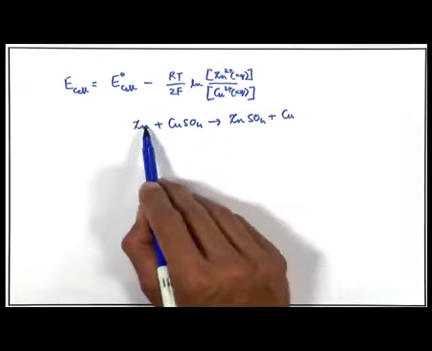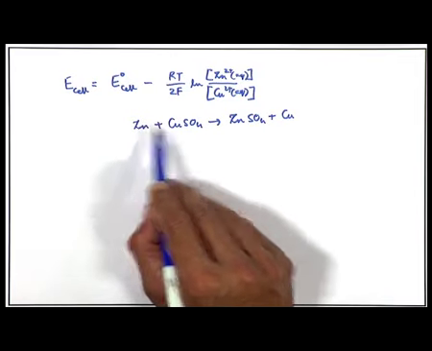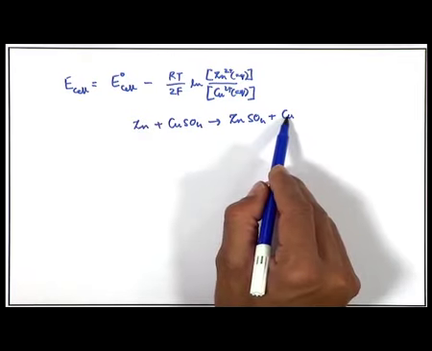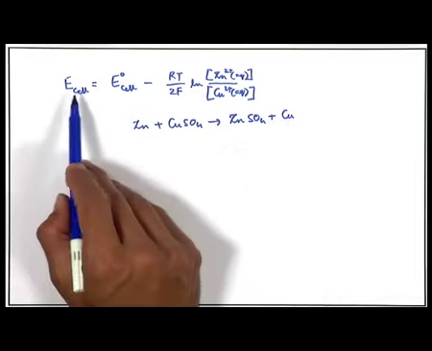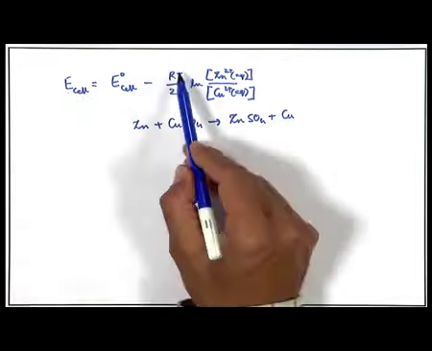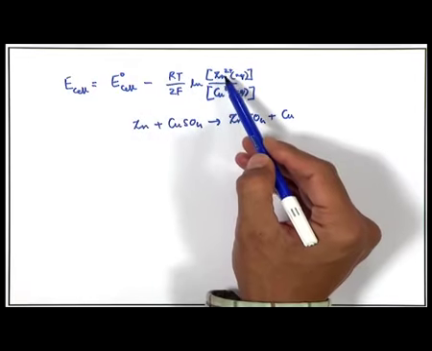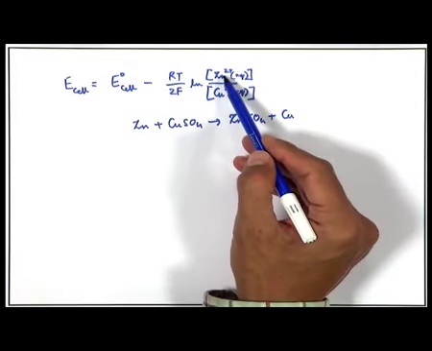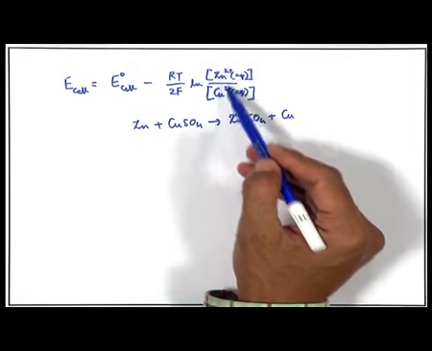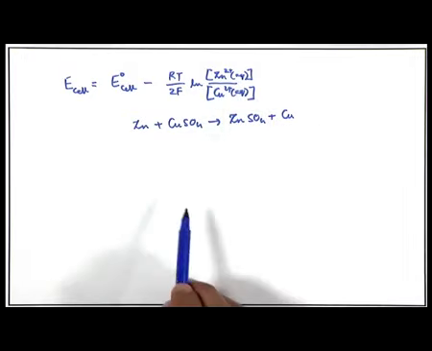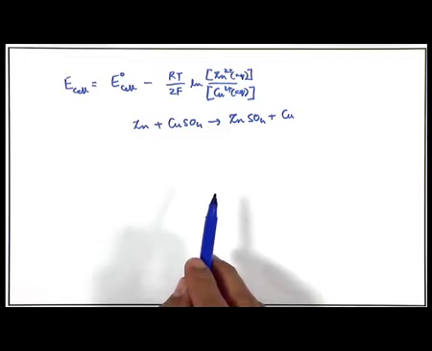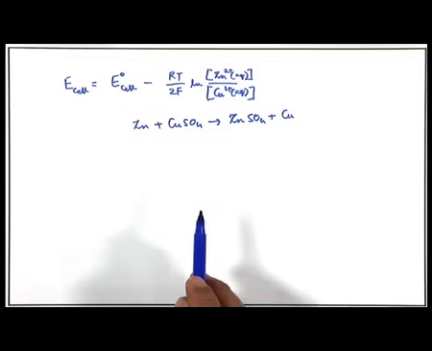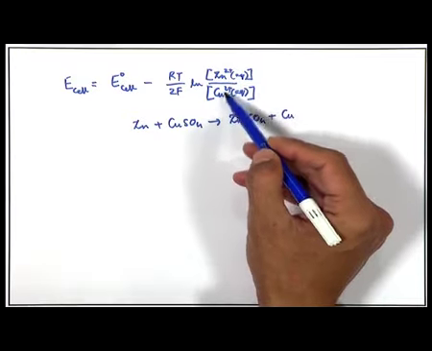Since these are pure states of aggregation, their corresponding activity or concentration value can be taken to be unity. So, you see that E cell depends on temperature and also on the ratio of the electroactive species, that is, the ion against which the electrode is reversible. So, it depends on the concentration of that.